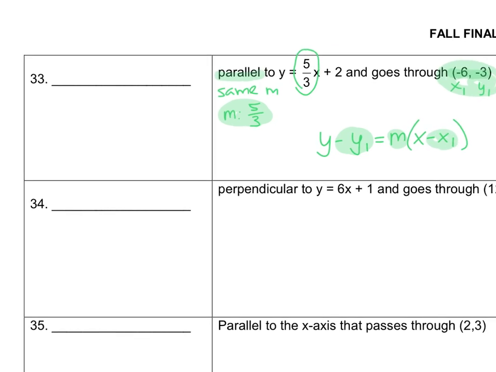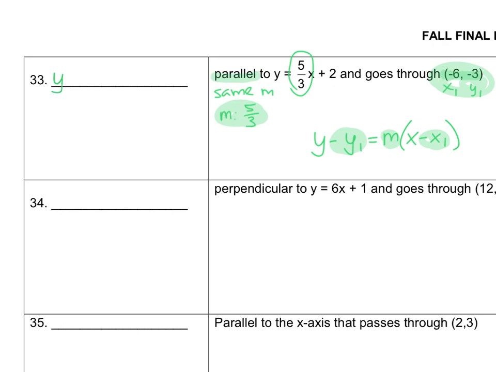So I have y minus -3, so it's the opposite, and is +3, equals my slope of 5/3 times x minus -6, which is going to be opposite and be x plus 6.